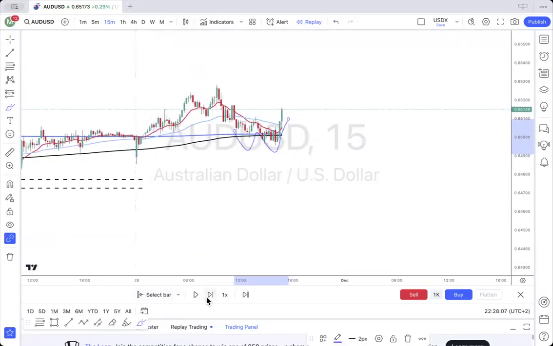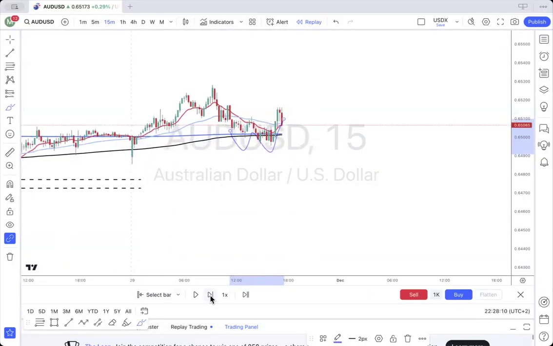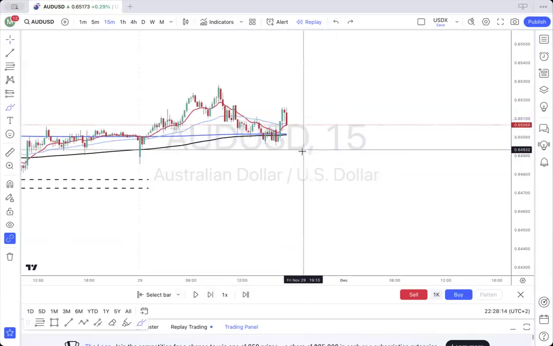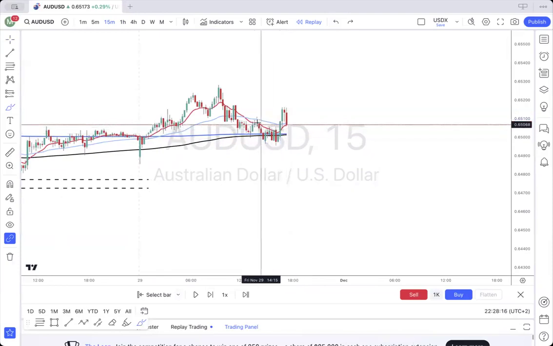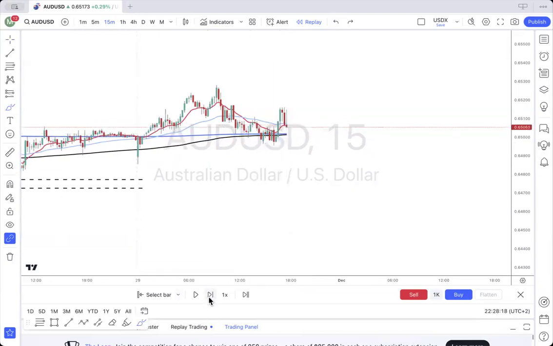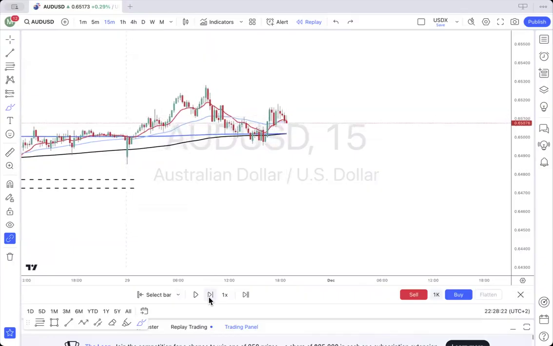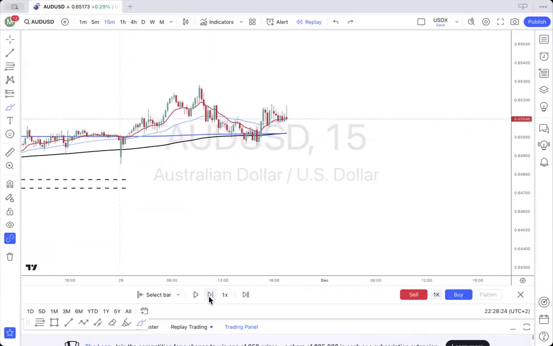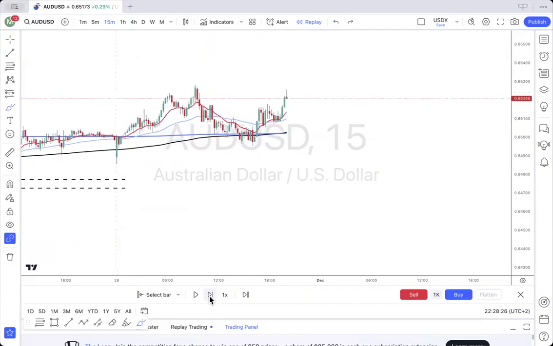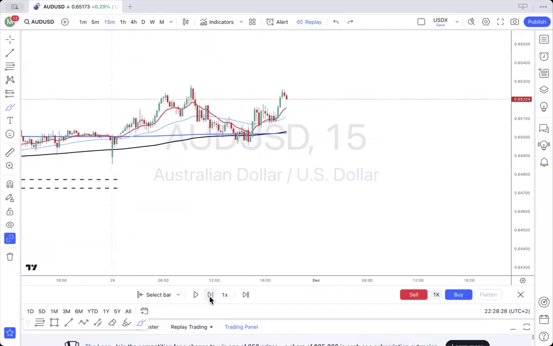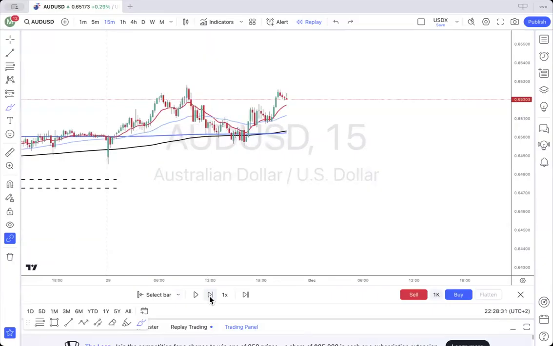All right. And what happens next? Even if you're an intraday trader, look at that. They come back to test the neckline of that W. All right. And guess what? They start to move up. So even if you're an intraday trader, you're going to make money.